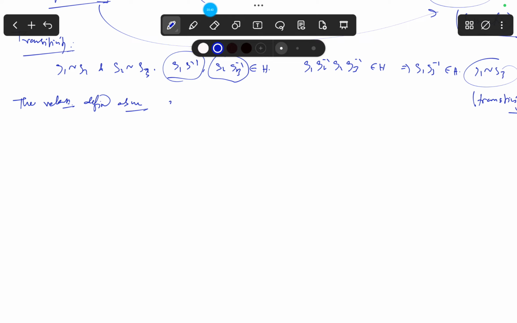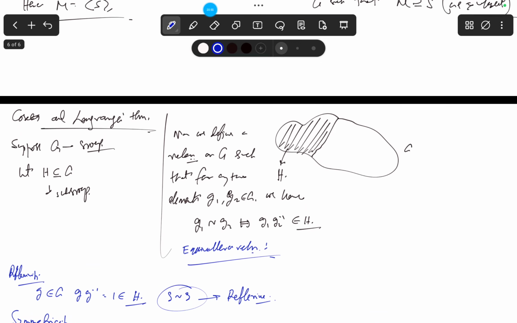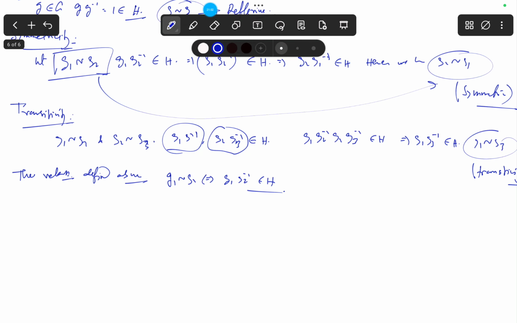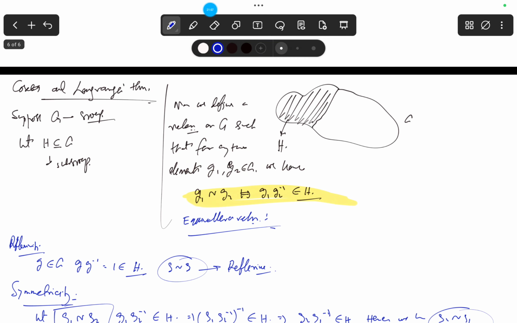That means g1 is related to g2 if and only if g1 g2 inverse is in H. That is this particular relation, so this is an equivalence relation. Now since it is an equivalence relation, we can make a partition of G with respect to the equivalence classes. The equivalence classes will be of this form.